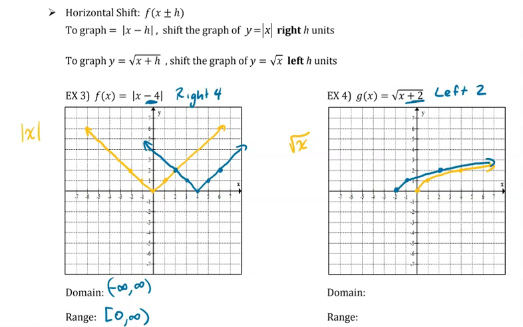Draw our new graph, and we're good to go. The domain, this time we did move it to the left, so our leftmost point is not going to be the same. It is now going to be negative 2 to infinity. Didn't move it up or down though, so range is still 0 to infinity, just like the parent.